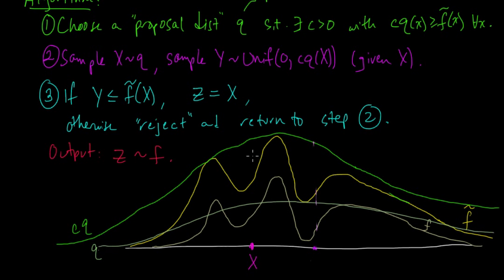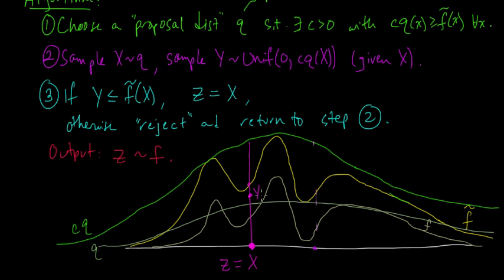And we draw y, again uniformly from this, and maybe this time we get this point here. That's our y. And now y is less or equal to f tilde of x. F tilde of x is right there. Y is less or equal, so we accept, and our sample is this x. So z is our sample, and it's this point right here.